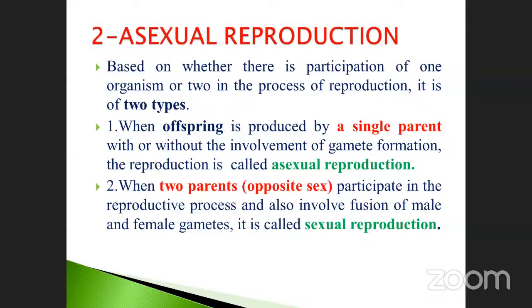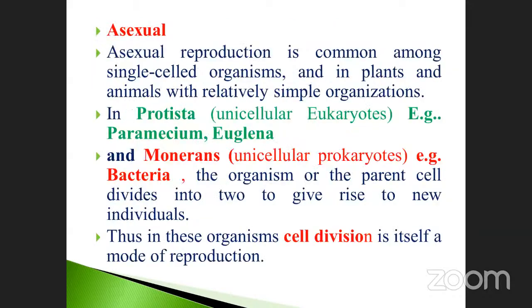Two parents are involved, that means opposite sex or opposite gametes. So when two parents of opposite sex participate in the reproductive process and it involves the fusion of the male and the female gamete, it is called sexual reproduction. These are the two things. Now we are going to discuss asexual reproduction deeply. Okay, go to the next one.